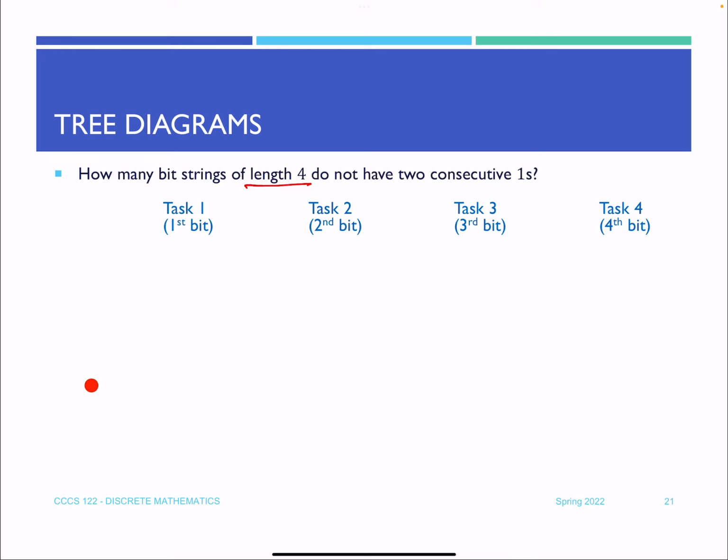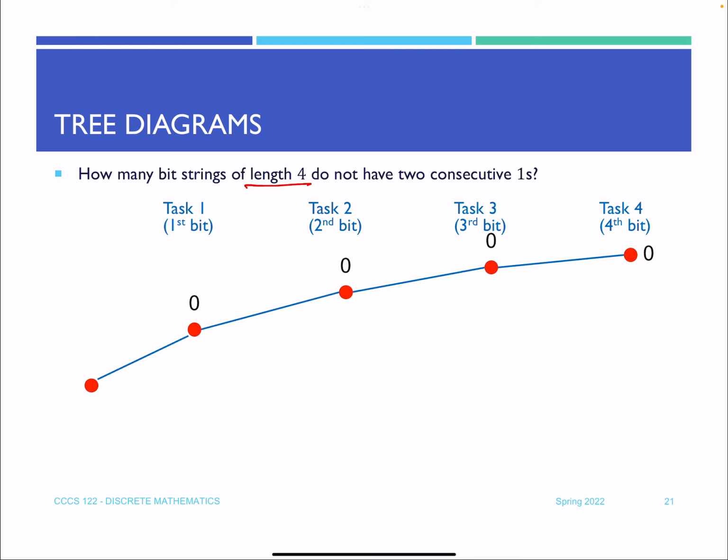We start off with 2 options in the beginning. One of them is to use a 0 in the first bit position. If you use a 0 in the first bit position, there's no restriction on the second bit position. So maybe you use a 0 again, and a 0 again for the third bit, and a 0 again for the fourth bit.